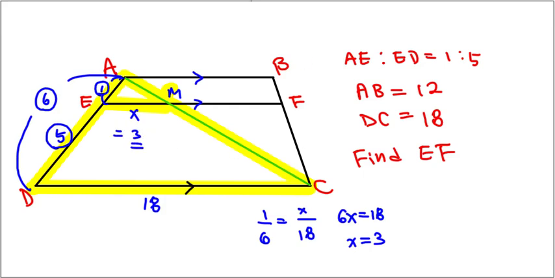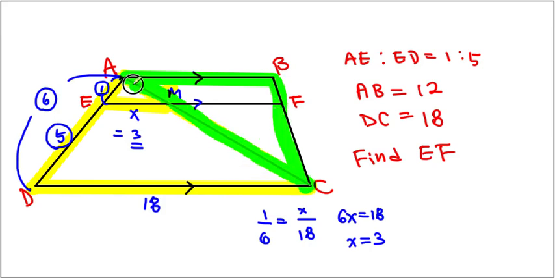All right, then let's go for the other line segment. So I'm going to use the green. As you can see, we have two similar triangles once again, but they will be upside down triangles.